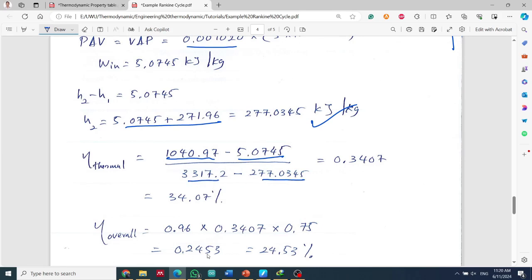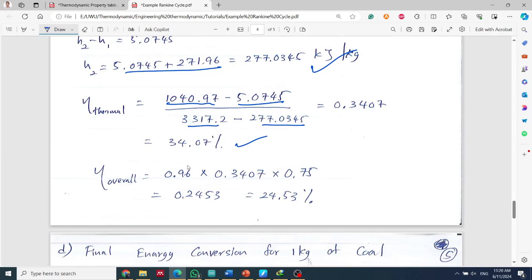Then we can calculate that as 34.07 percent. Since we know the thermal efficiency, we can write the overall efficiency: the boiler efficiency, generator efficiency, thermal efficiency. So it becomes 24.53%. Okay.